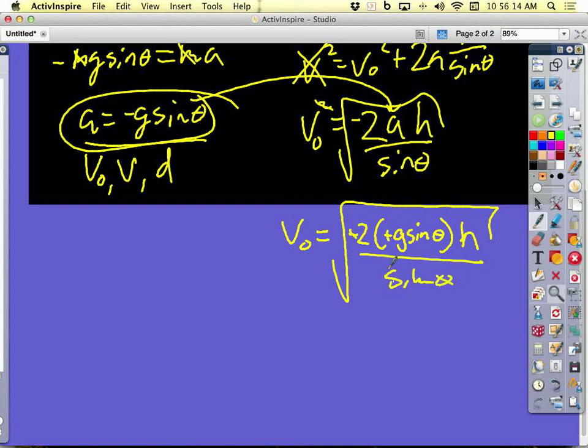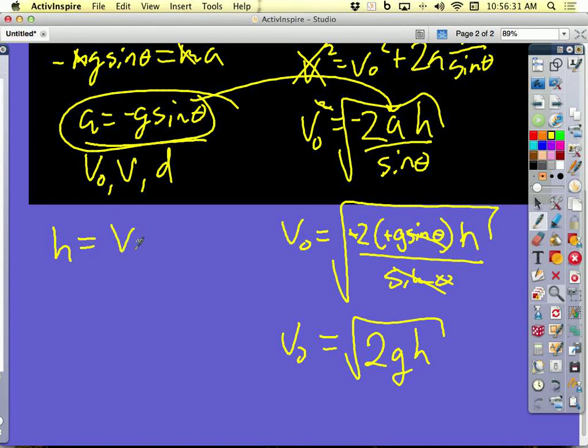So the negatives cancel, sine cancels, and I get v0 is equal to the square root of, oh, sorry, I asked for h, wasn't I? So let's just flip that, sorry about that. So h is equal to v0 squared over 2g. There you go.